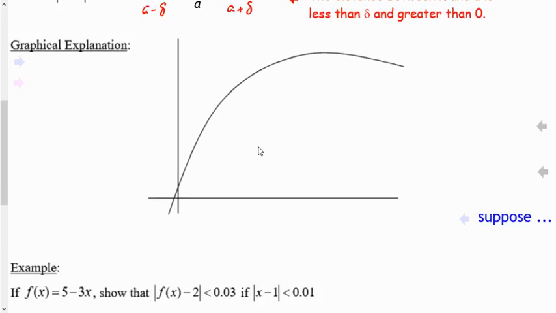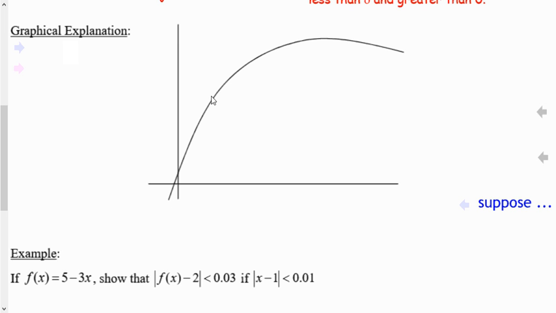So here I have some graph, and we will assume that this is a function f of x. So we'll say that this curve here is y equals f of x. I'll just put the f of x up there. We have this question. Well, not a question, but a statement.